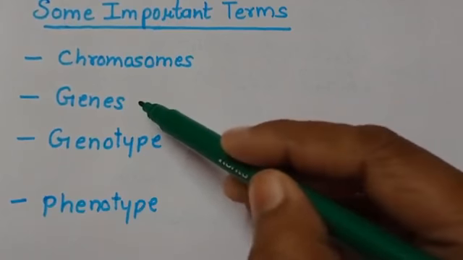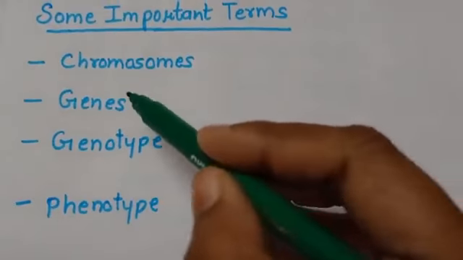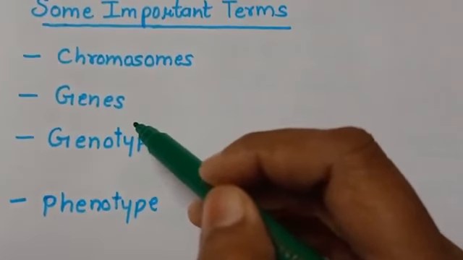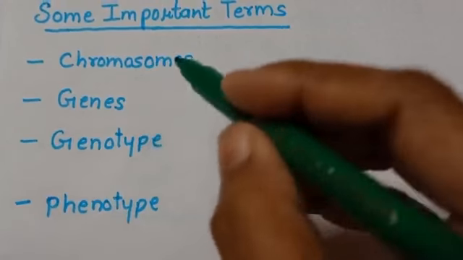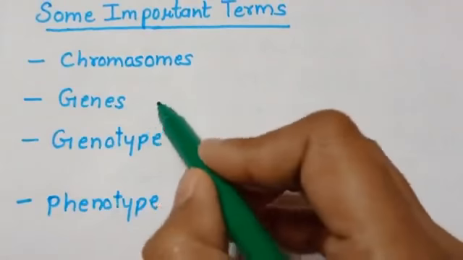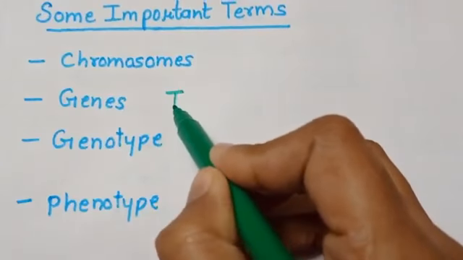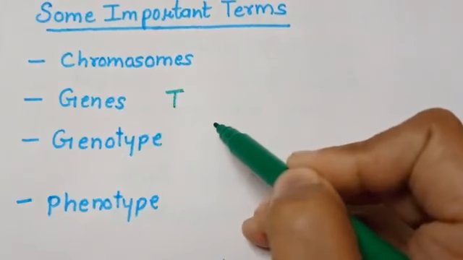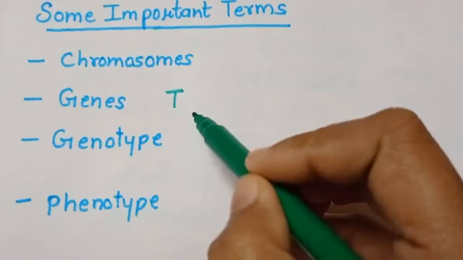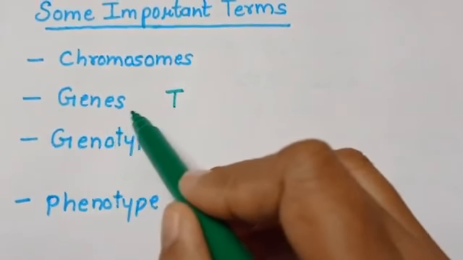The genes are represented by letters and they always work in pairs. For example, if I talk of one characteristic, that is height, we use the letter T which stands for tallness. Tallness is one characteristic, and the genes, as we know, are in pairs.